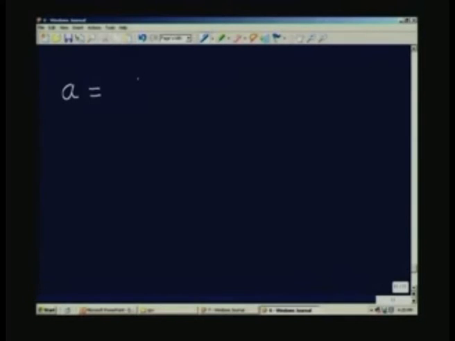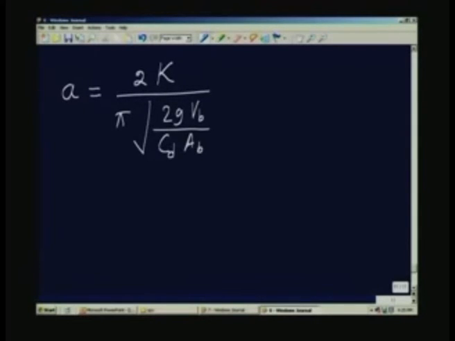This will be 2 into K, which is the gauge constant, divided by pi square root of, this can be done easily by going back to the rotameter equation and reworking the thing. So, CD AB, and I am assuming rho b equal to 2 rho f, and therefore, the density factor is this thing. And what is K?